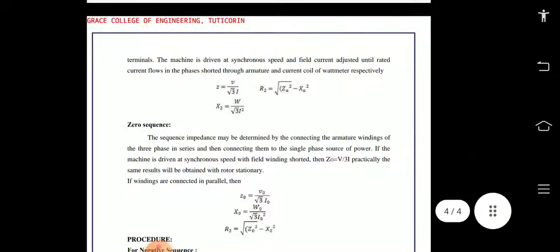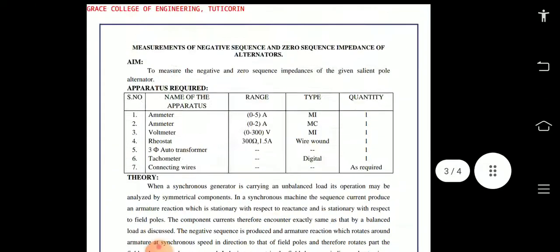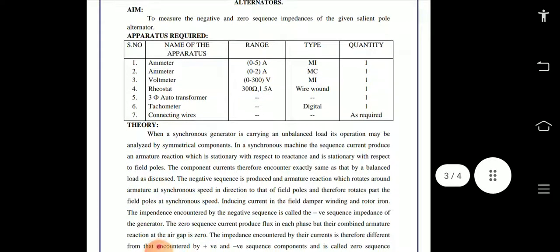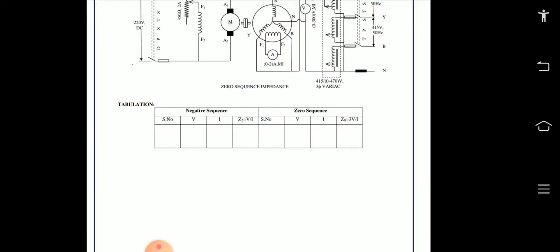And briefly, I am explaining the experiment. You have to connect all the components as per your circuit diagram and note down the voltage and ampere for the different excitation obtained with the help of your three-phase auto transformer. Before that, you have to adjust your rheostat to get the motor speed to the synchronous speed of your alternator, and then you should calculate your Z2 and Z0 as the impedance of negative and zero sequence respectively.